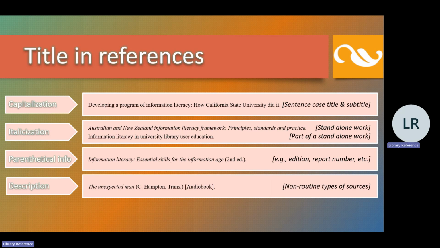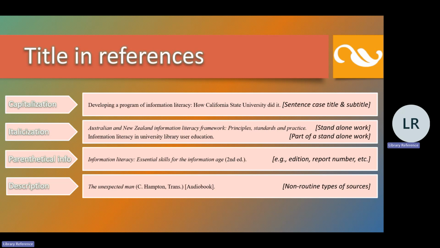Another case you may encounter is the case of citing what APA calls non-routine types of sources, not very often encountered types of sources. The example I have here is The Unexpected Man. The Unexpected Man is the title of an audiobook.